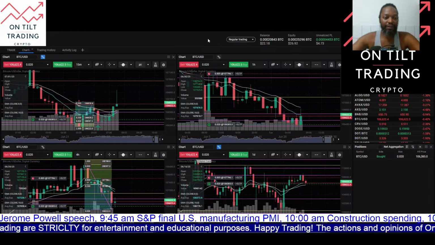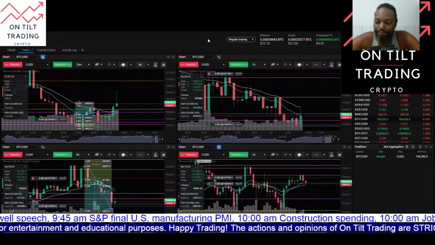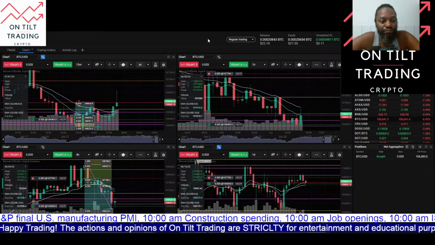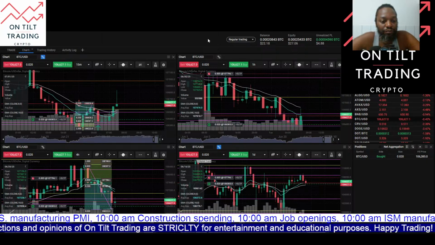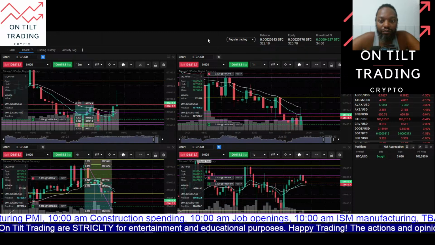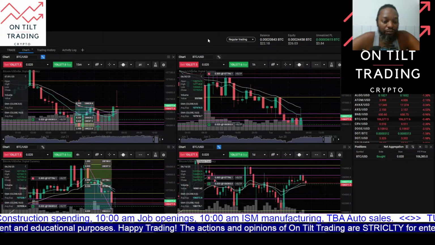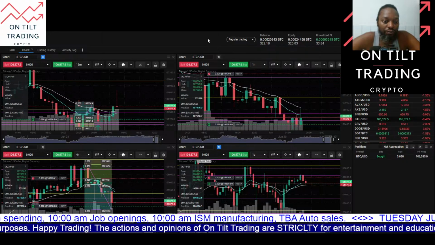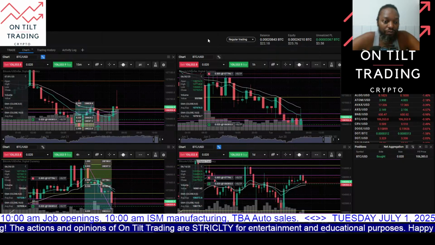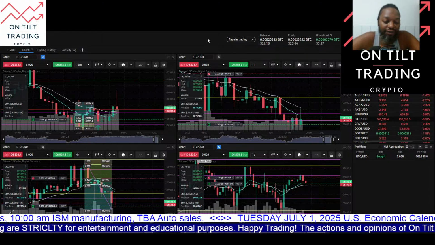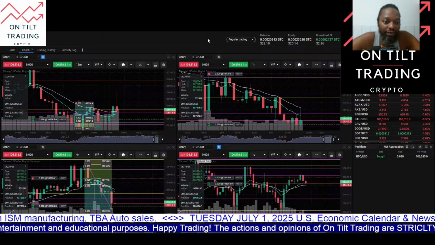Price being delivered to the sell side here. This candle does not look healthy for the long side right now.